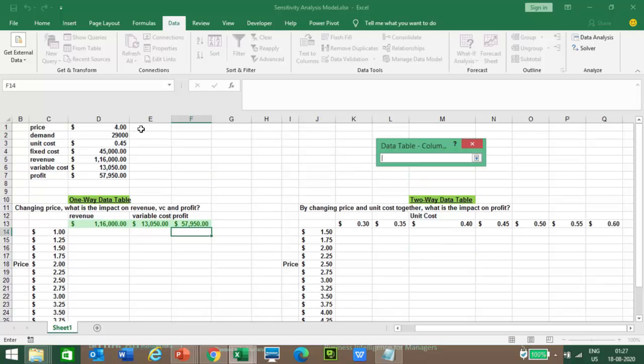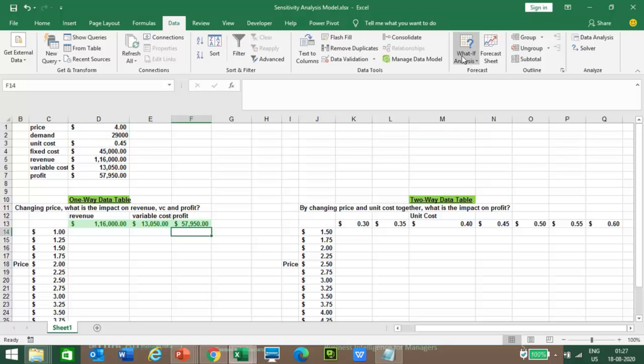Before doing this, please make sure that you have selected this entire table, this entire matrix.